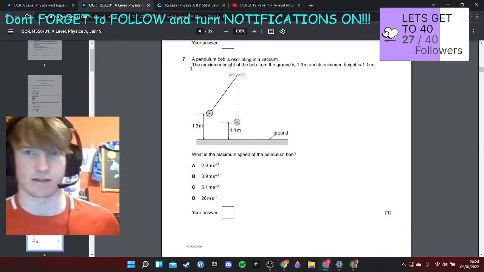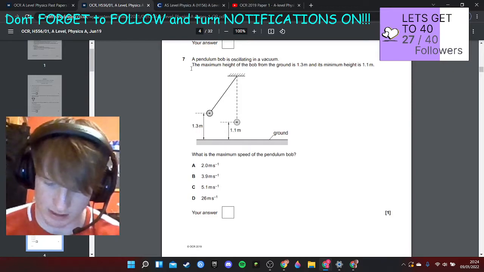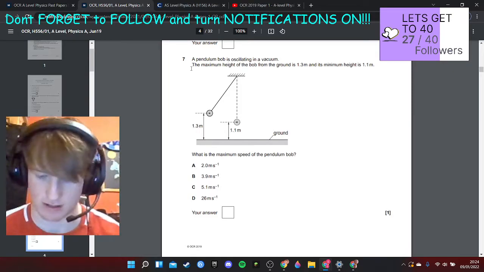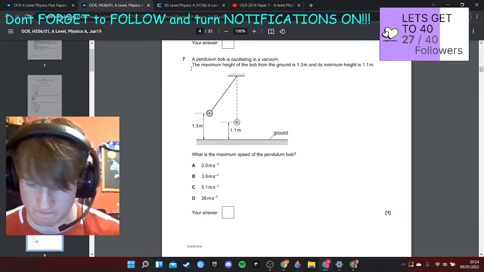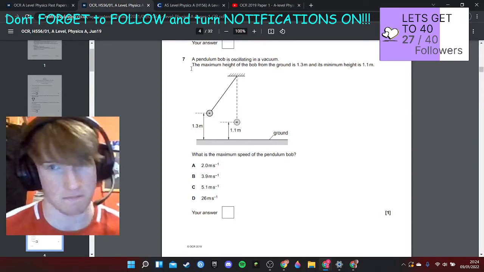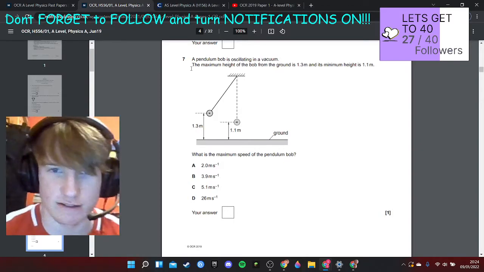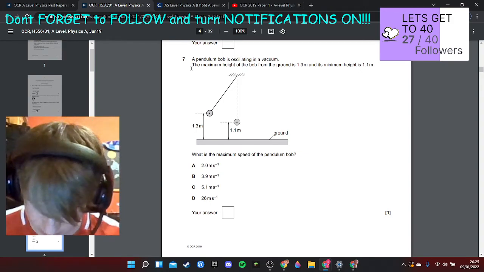So I'll do the actual calculation. Kinetic energy equals mgh, which is mass times gravity is force, force times distance is energy. Facts. Masses will cancel, as he said.